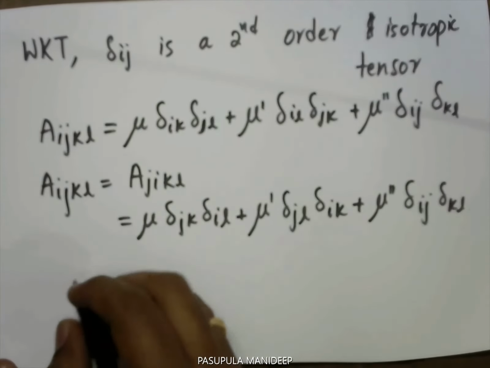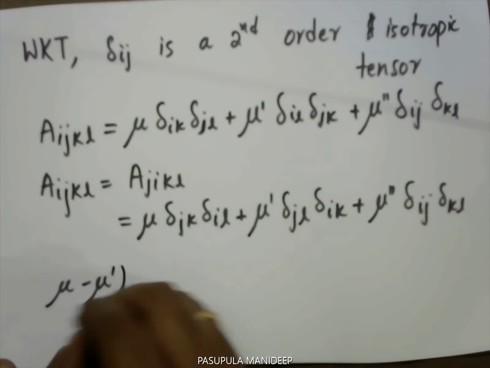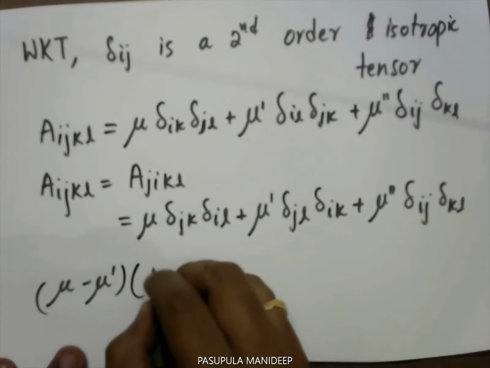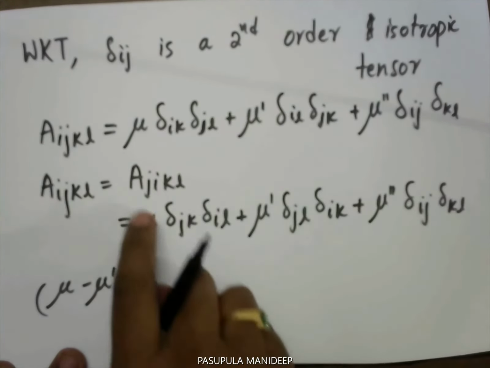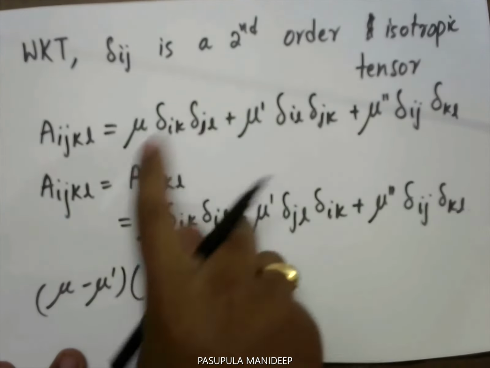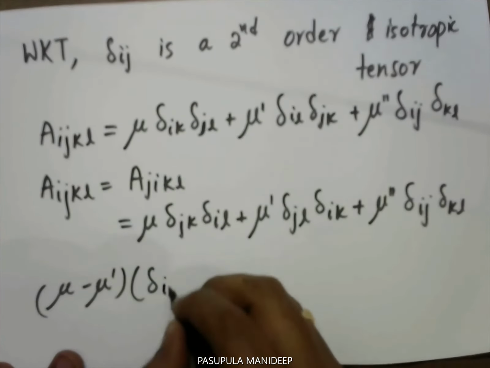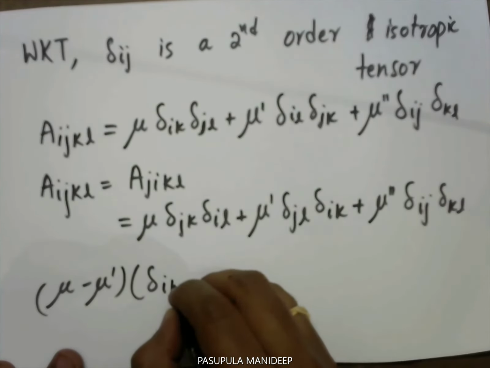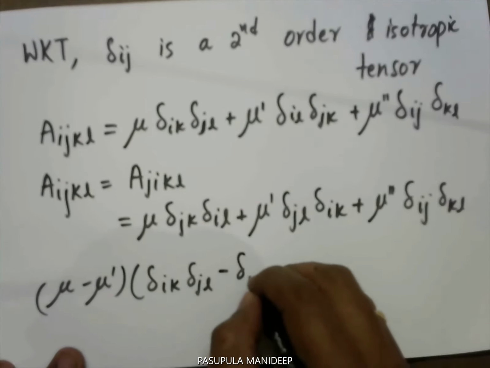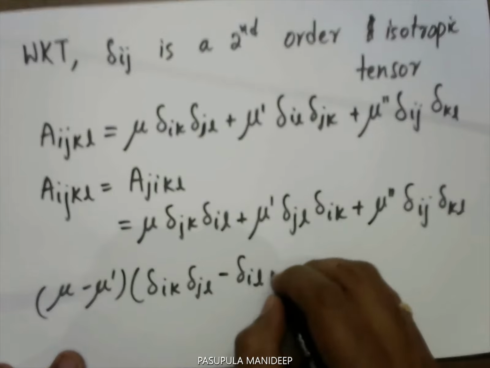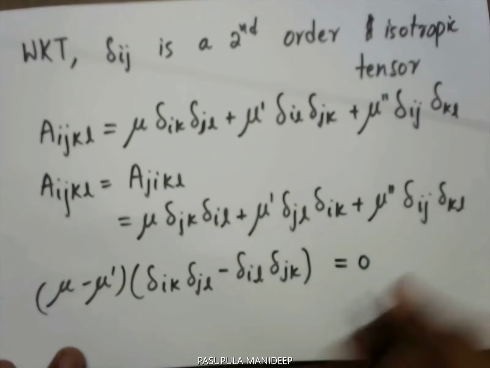From that we will get that these terms get cancelled out and we are left with these terms. So we can write this as mu minus mu prime times the remaining term equals 0.